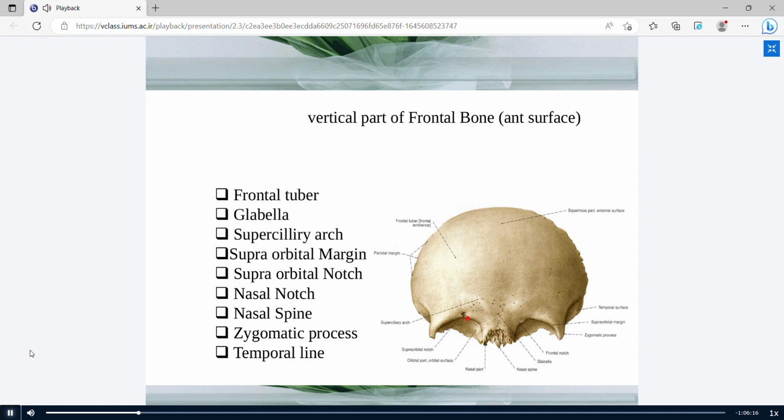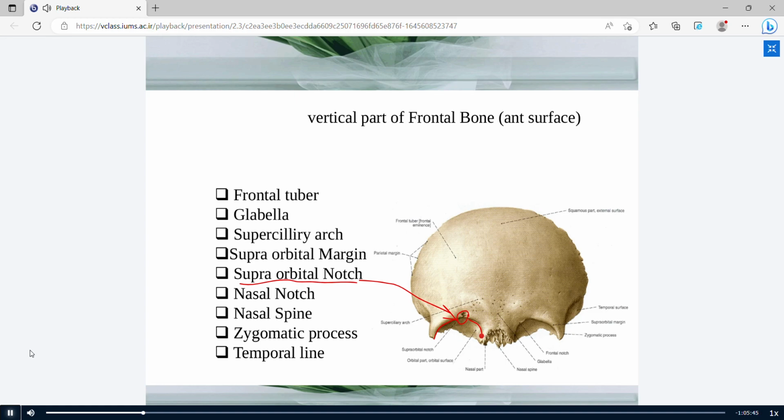There is a notch or foramen called the supraorbital notch or supraorbital foramen. It's located between the 1/3 medial and 2/3 lateral of the supraorbital margin. Actually, the supraorbital foramen or notch is for passing the supraorbital nerve and vessels.